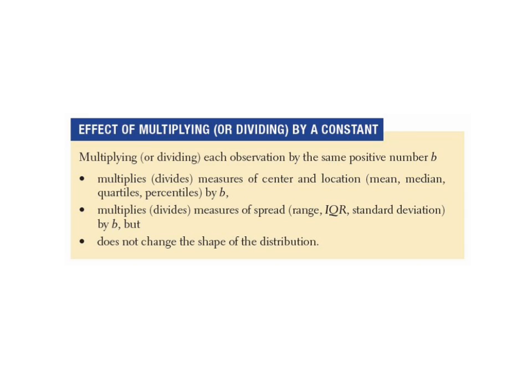Now, if we look at here, the big difference between adding and multiplying, and the same with subtracting and dividing, is we are going to change the measures of spread. Those are also going to get multiplied. The only thing that doesn't change is the shape of the distribution. That's going to stay the same.